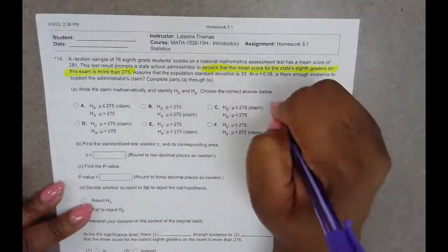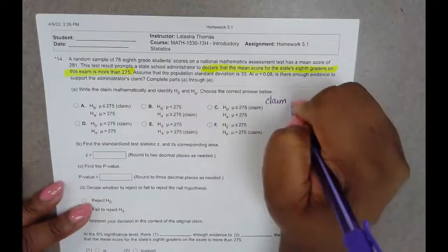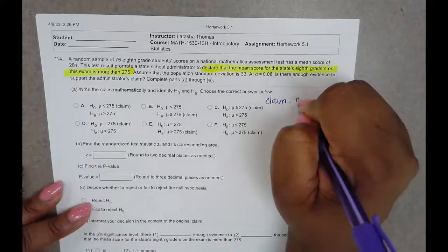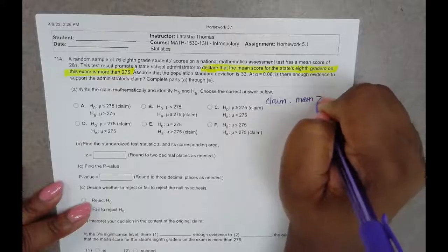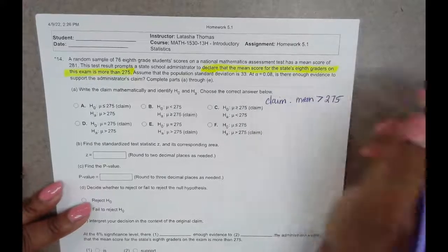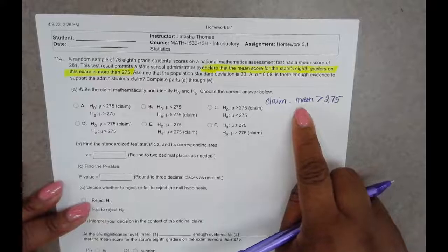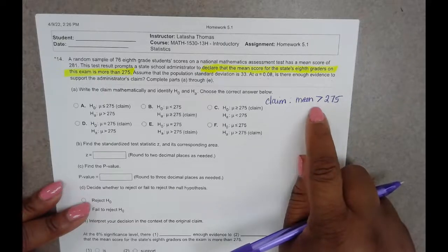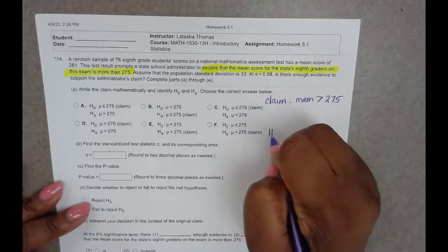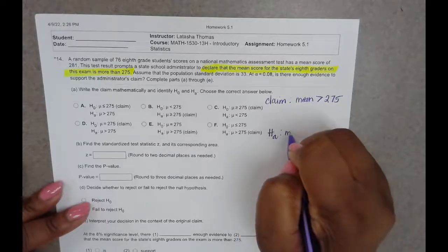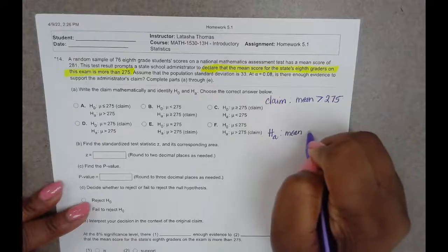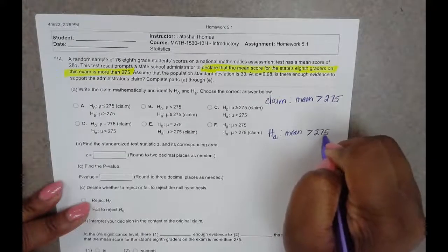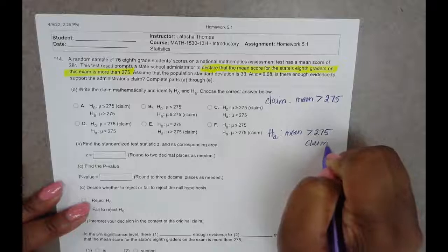So the claim is that the mean is greater than 275. Will this be our HA or our H0, our null or our alternative? Since it has no mention of equality, it goes to our alternative. So HA is that the mean is greater than 275. This is also our claim.